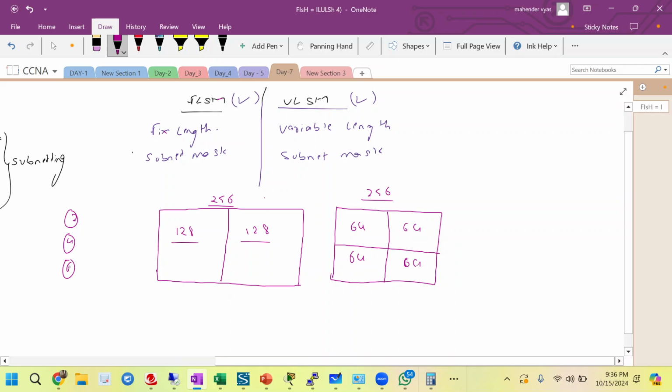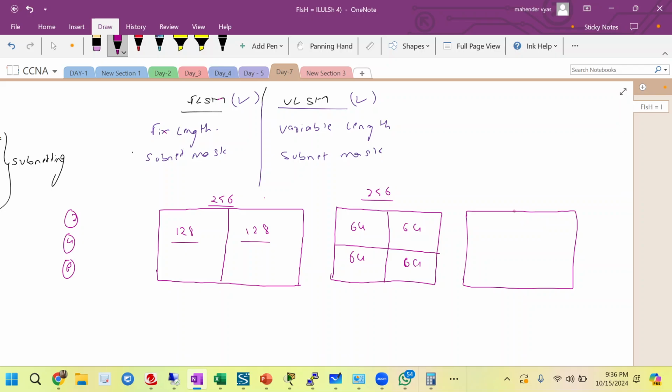Eight is possible, 2 power 8. This particular group we can divide into 2, 4 or 8. Now instead of 4, if I want to divide these 256 addresses into 8 groups, I can do that also.